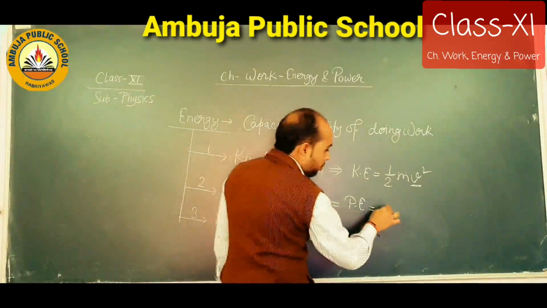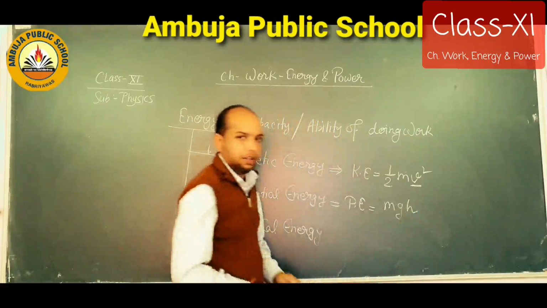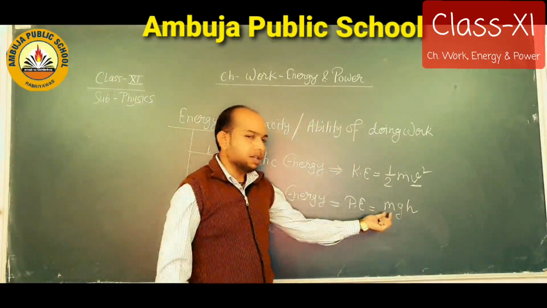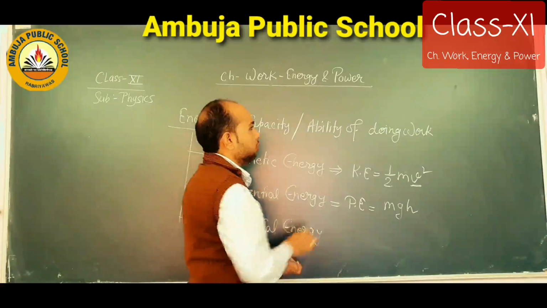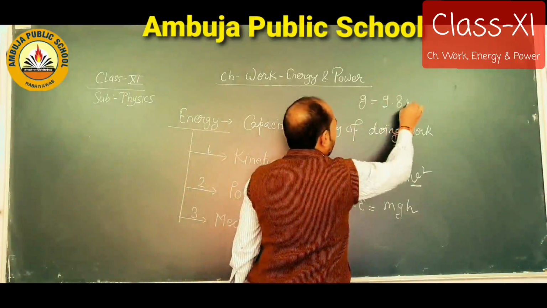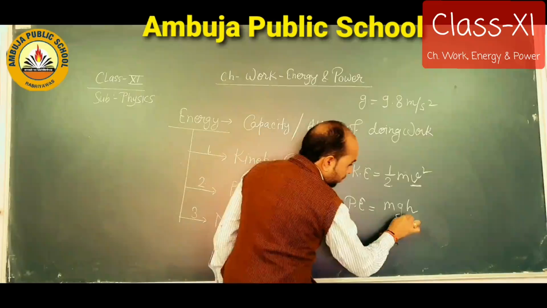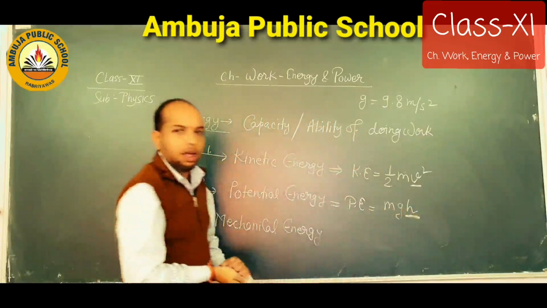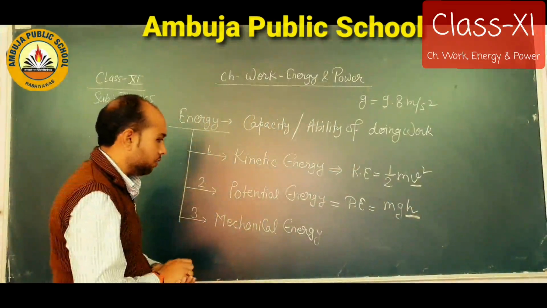So this is counted as potential energy, and its identity is mgh. Again, mass remains constant, gravitational acceleration is constant, and its numerical value is 9.8 meter per second square. So only one parameter is variable here, height. This shows only position or configuration.